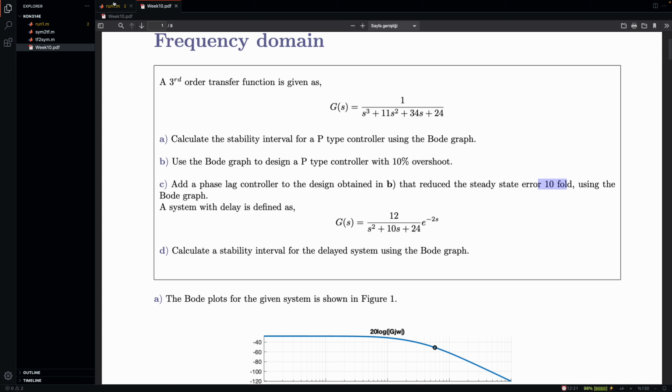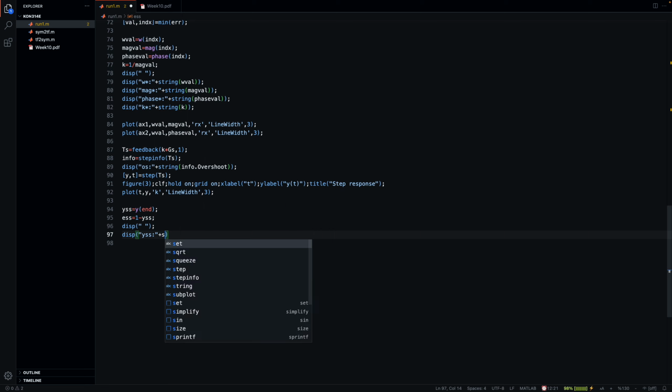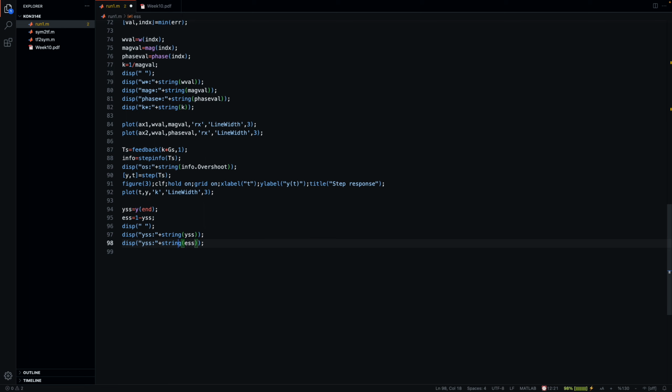For that, we need to look at the steady state value of y, and I know that the steady state error value will be 1 minus YSS. So let's display them, YSS, and then the same for ESS.